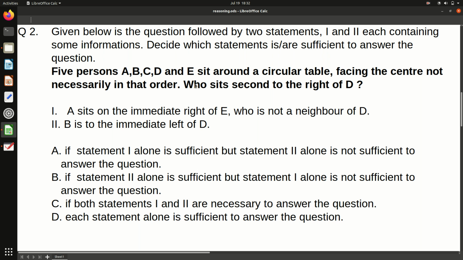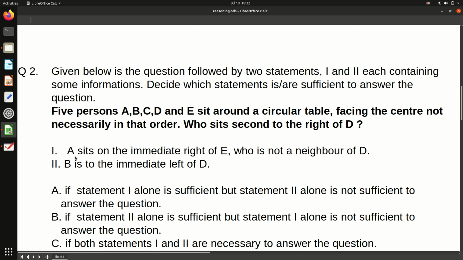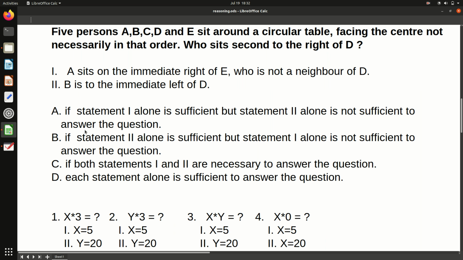In this case you will be given one question, like here in bold letters, and after that there will be 2 statements, 1 and 2, and you have to say how many statements you need to solve this question. It is like, can you solve it using just 1 or just 2, or to solve this question you need both 1 and 2. In this way you have to say. So these 4 options are that one only, like this.